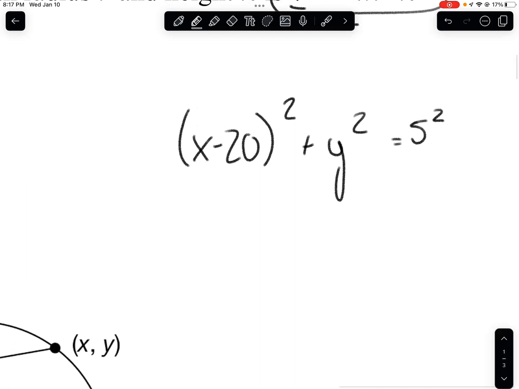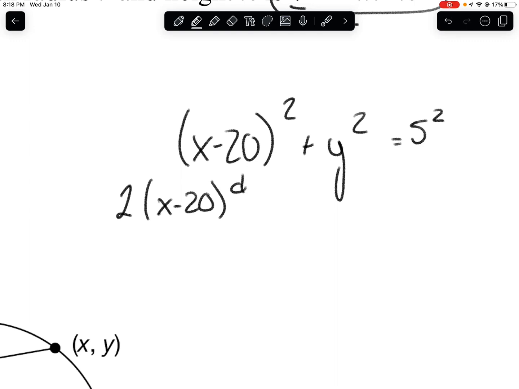When I differentiate this, I have to be very careful that I also put in my dx/dt's and my dy/dt's. So differentiating the first term, I'm going to get 2 times (x minus 20). The derivative of the inside is just 1, and there's no other power. It's kind of weird. But since I differentiated the inside and there was an x, I have to have in this dx/dt. Then I'm going to have 2y dy/dt, then 0.